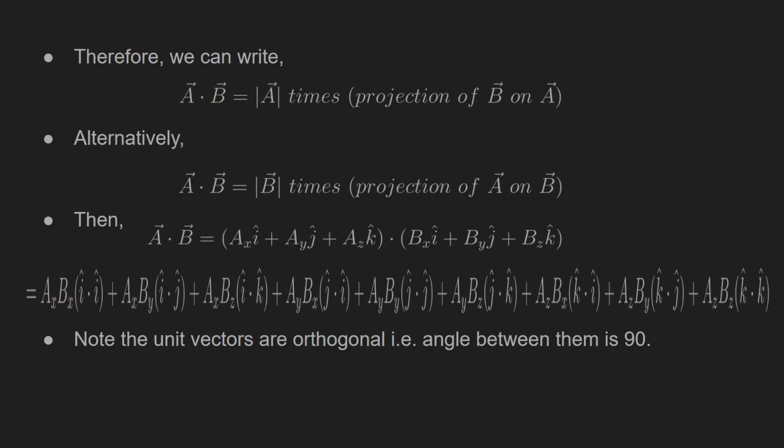Now if you remember, we had A dot B is equal to magnitude of A, magnitude of B, into cosine of theta. But what is this B cos theta?